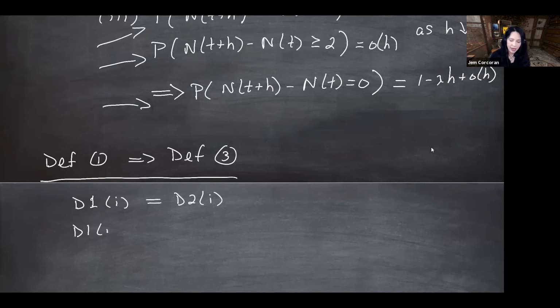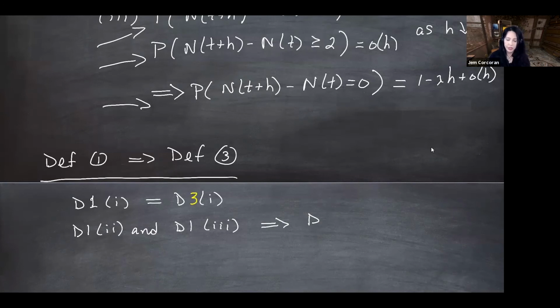Definition 1 double I and definition 1 triple I. I'm sorry, the first one is double I, the second one is triple I. Implies definition. I'm not talking about definition 2 at all here. In the line above, I meant to talk about definition 3. It actually wasn't wrong, but it wasn't what I was trying to say.